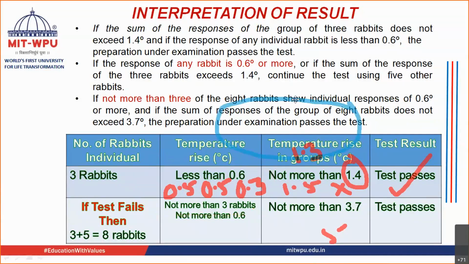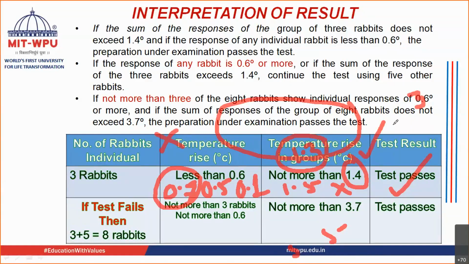Supposing over here it is 0.7, 0.5 and 0.1. The total increase comes to 1.3. It is satisfying the second condition, but here it is not satisfying the first condition, that is, each should be less than 0.6. Here it is 0.7. So in this case, the test fails.